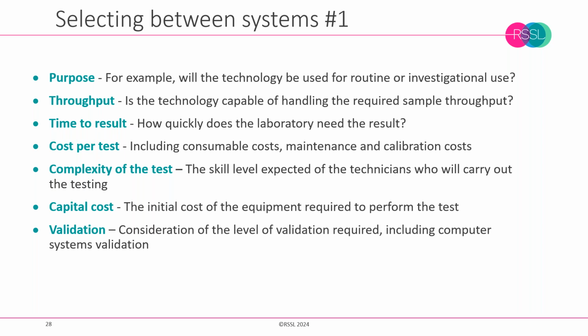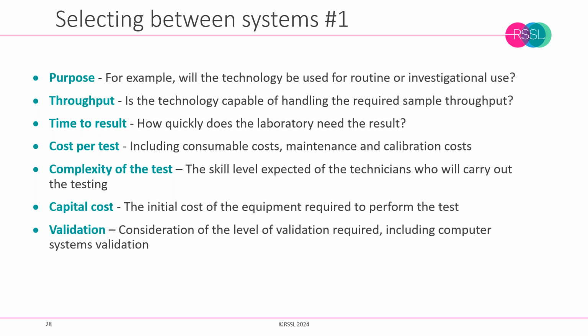And with throughput, we also need to consider the entire workflow, what preparatory steps are required, not just the instrument runtime. But instrument runtime is also important. So we need to consider time to result. We also need to work out cost per test, because if we have high capital output, we might be able to justify the return on investment if we have a much lower cost per test than what we're using currently.